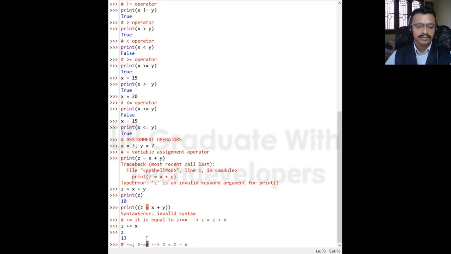So this is the operation, and assigns the result to the left operand. So the left operand is obviously z only.